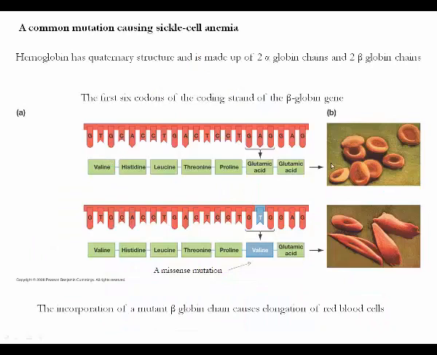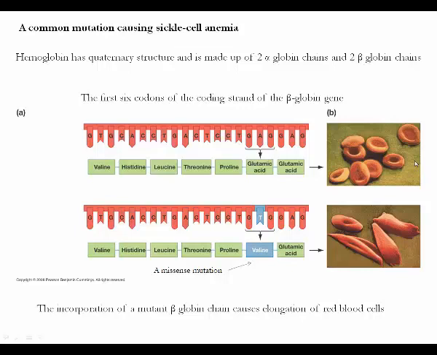Now, this mutation arose in Africa about 6,000 years ago, and the reason why it still persists today is, well, one, because we can treat sickle cell anemia, but also remember that we've talked about how you have 2 copies of every gene, 2 copies of every chromosome. Individuals that have only 1 bad copy yet have 1 good copy are actually resistant to malaria.